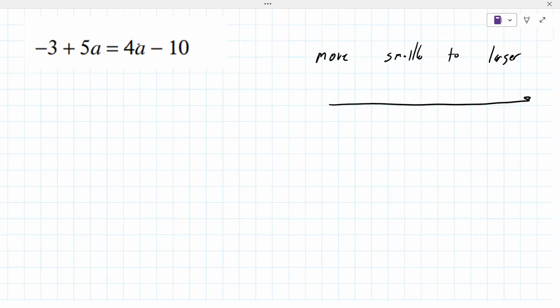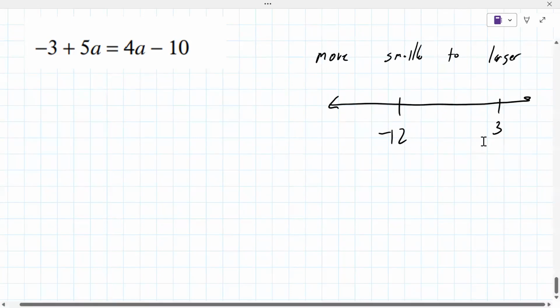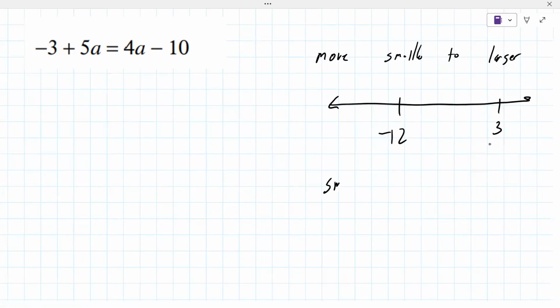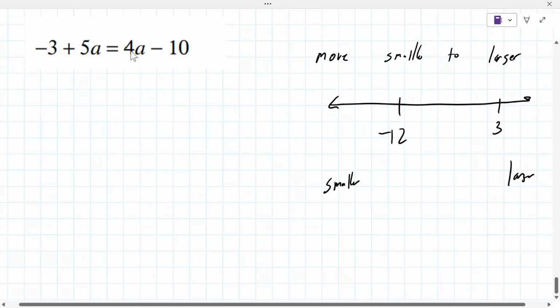And it's in terms of number line. So like if you have 3 and -12, -12 is smaller than 3. Smaller means more to the left. Okay, so in this problem, you've got a 5a and a 4a, which is smaller? 4a.